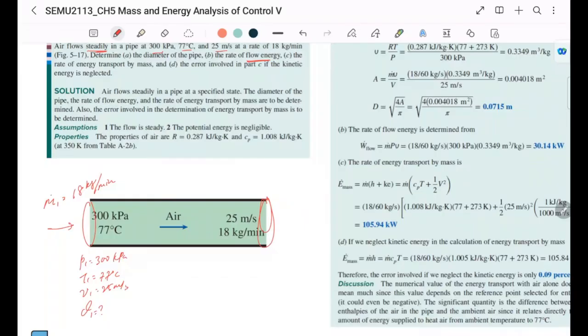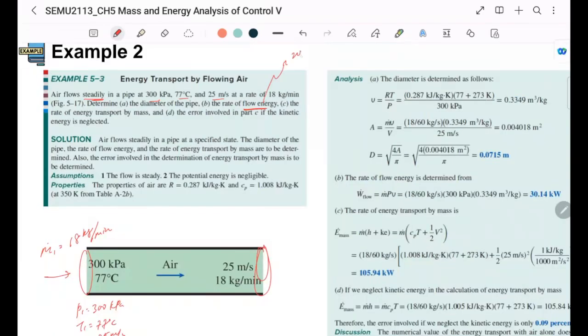And then the rate of the energy transport by mass, which means the total E. Sorry, rate of energy, so therefore E dot, the total energy in the flowing fluid. And last, the error involved in part C, if kinetic energy is being ignored, being neglected.